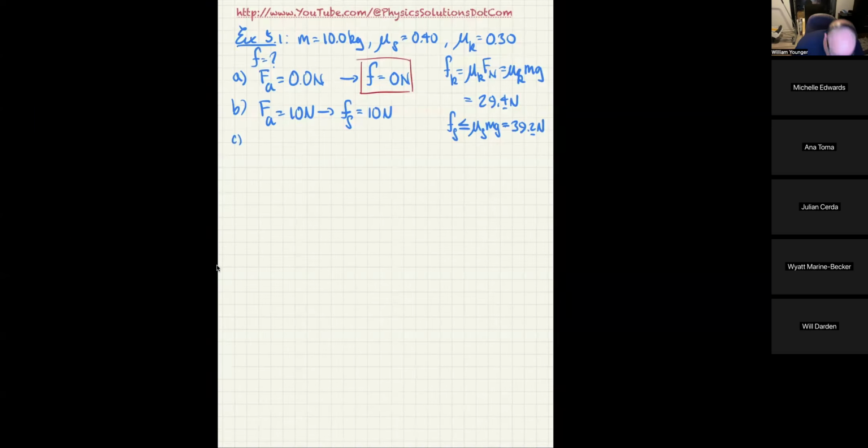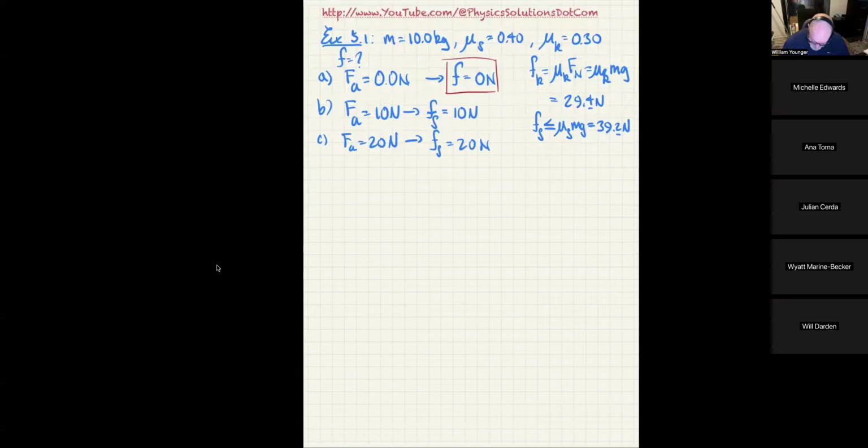Now for part C, the force is 20 newtons. So the applied force is 20 newtons. That's still less than the static friction force maximum. So static friction is sufficient to keep it from moving. So the force will be a static friction force, and the force will be 20 newtons.